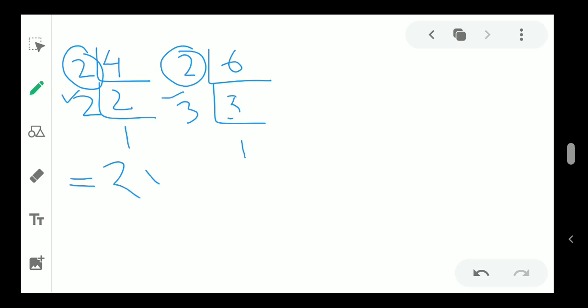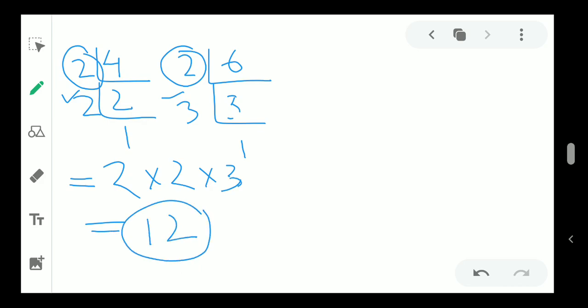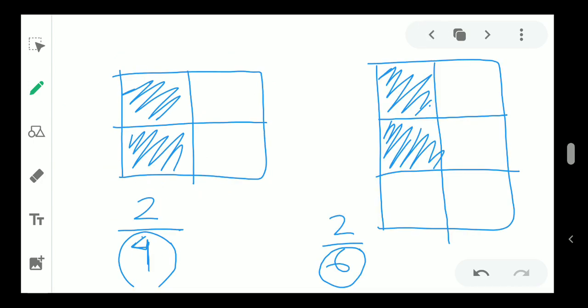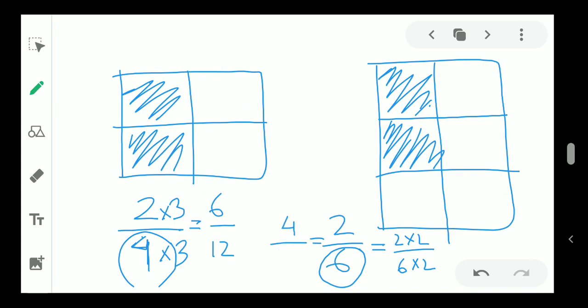Then the rest of the terms I will write as they are. So I can see that 12 is my LCM. With 6 I can make 12 and with 4 I can make 12. So I will multiply here 3 to make it 12. But to keep the balance I have to multiply upside also, the same thing. So this is 6 by 12, and this I will again multiply 2 down and 2 up. So that is equal to 4 by 12.